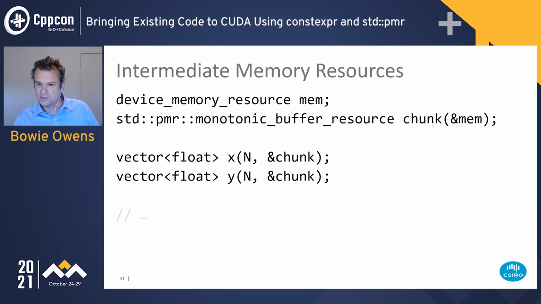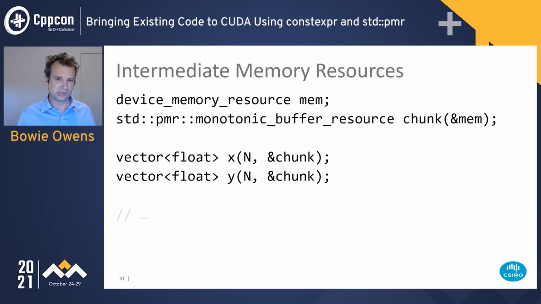Okay, so one of the questions I have is, would having different types of allocators in the interfaces help you avoid errors accessing memory from the wrong device? And the answer is yes. You can take advantage of the type system to make sure that you're doing the right thing. Often the memory resources get passed around by their base pointer, but you can also pass them around by pointer to their final type.